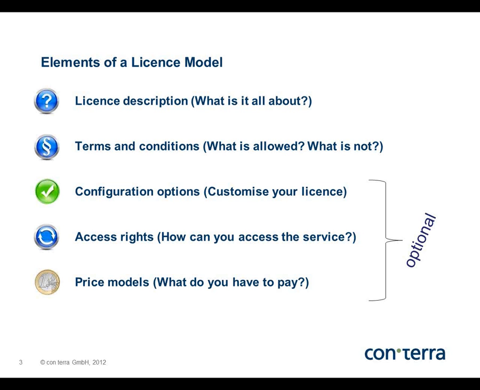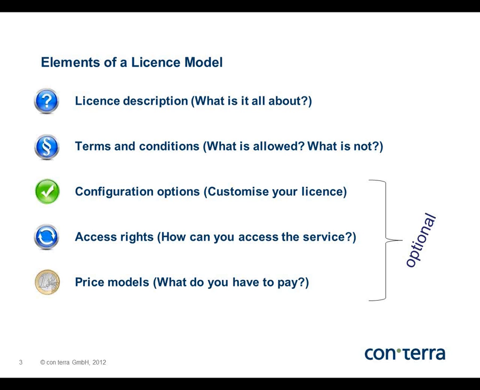Then there are a couple of optional aspects of a license model. First of all, there are configuration options, so you can define licenses which are configurable in License Manager, which allows you to set different configuration options, such as letting the user select a certain spatial area he wants to get access for, or a certain purpose of use.